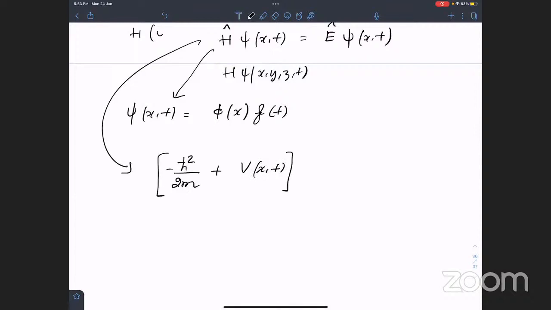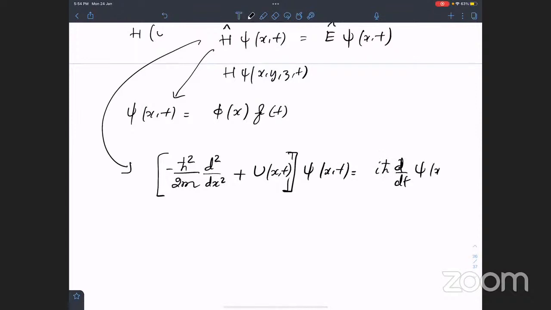If it's three-dimensional space, this will be replaced by a gradient operator, which is more complicated, so we'll not deal with that yet. Plus U, which is a function of x and t, multiplied by psi of x comma t, equals i h bar d by dt of psi of x comma t. This is my general equation.